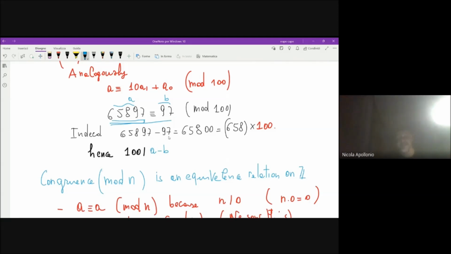If you take the difference between these two numbers, it is 758 times 100. And so actually the two numbers are congruent to each other modulo 10.